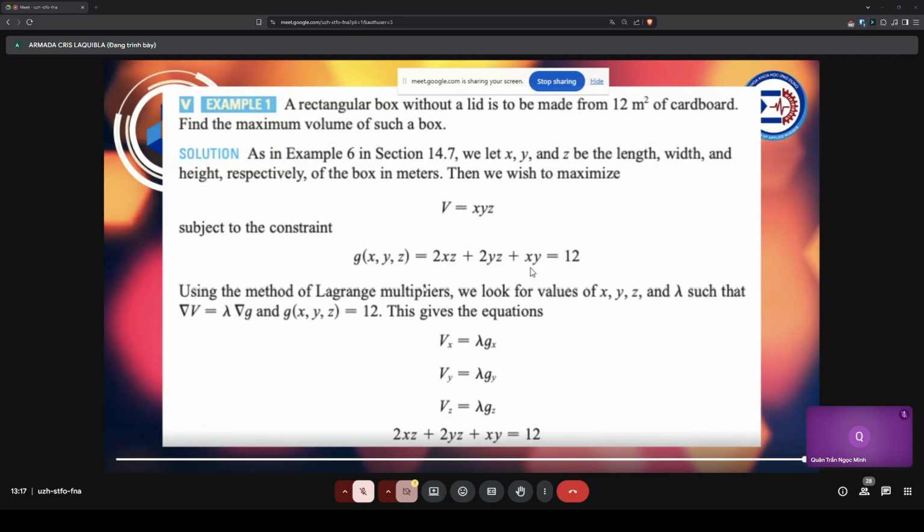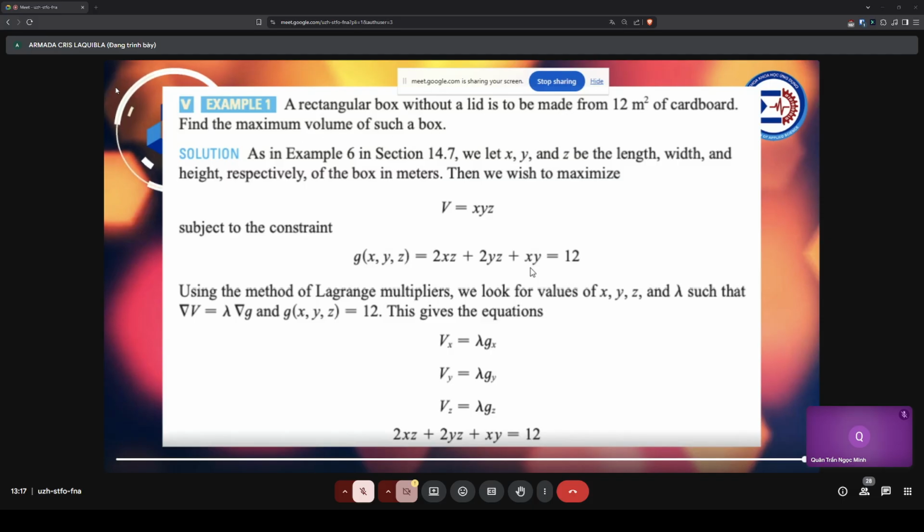Now, I have a box here. You just imagine it, for example this one, and there is no cover. So your xy is here, this is your rectangle xy. Since the height of the box is z, this length here is z.